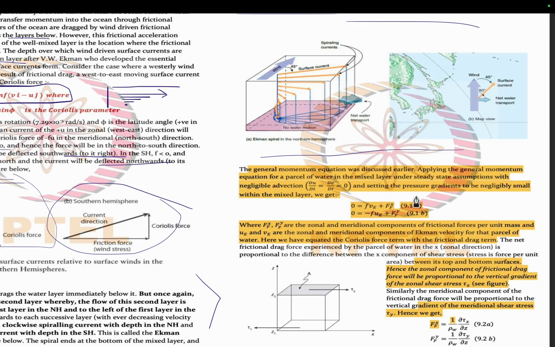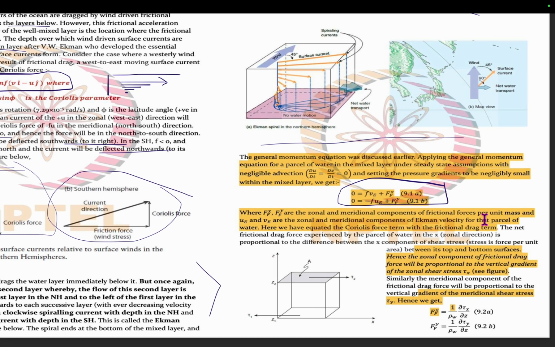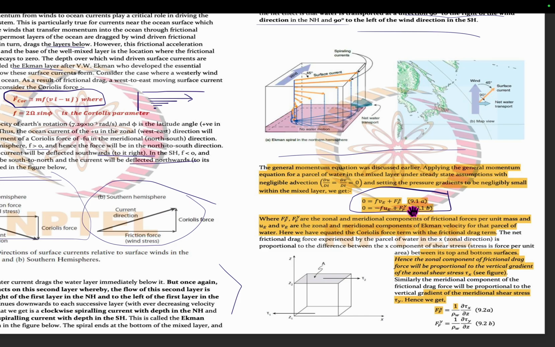Applying the general momentum equation for a parcel of water in the mixed layer, under the steady state assumption, that is, the total derivative dv/dt, with respect to time and the spatial directions x, y, for the zonal and meridional velocities, is equal to 0, and setting the pressure gradient force to be negligibly small within the mixed layer, one can have these two equations where the frictional force balances the Coriolis force.